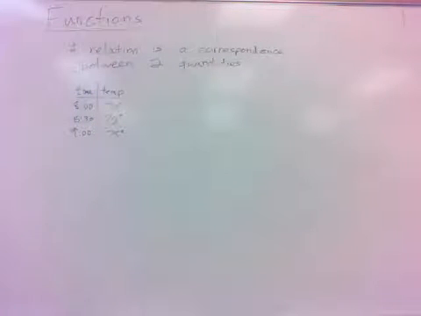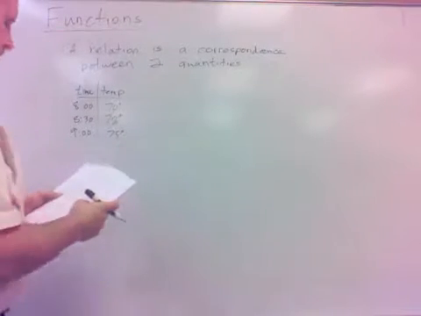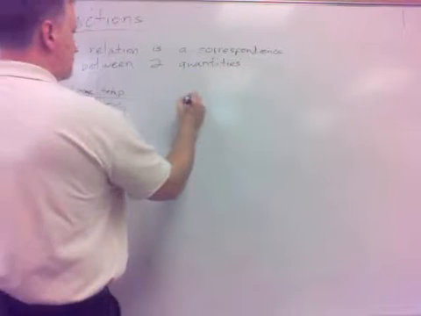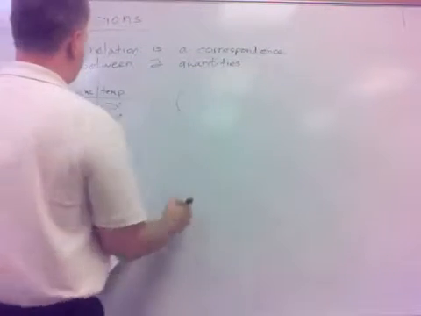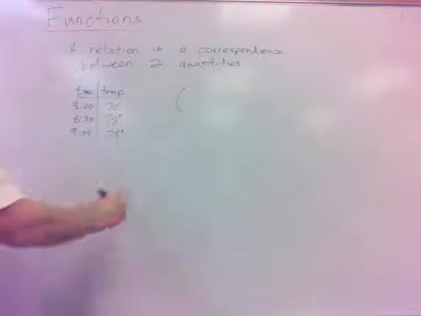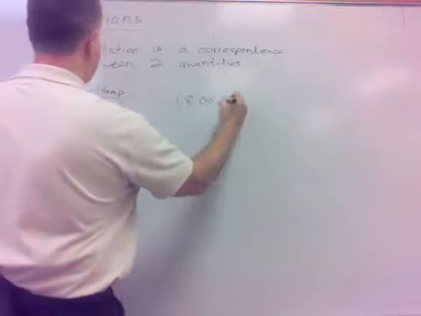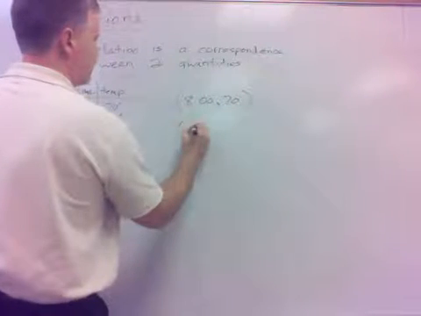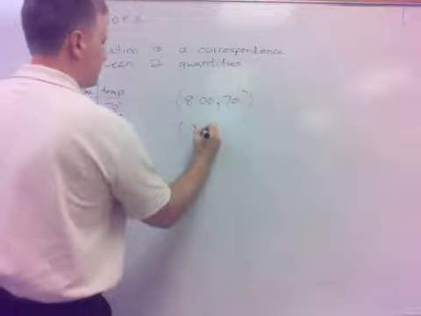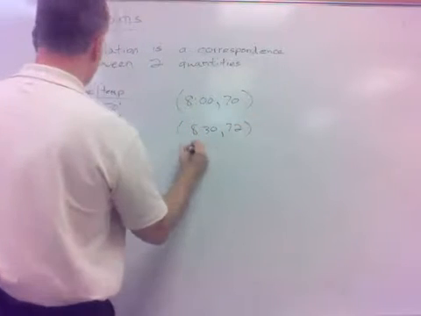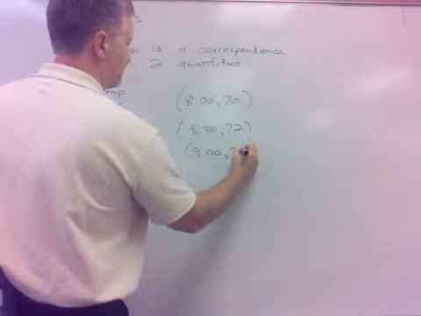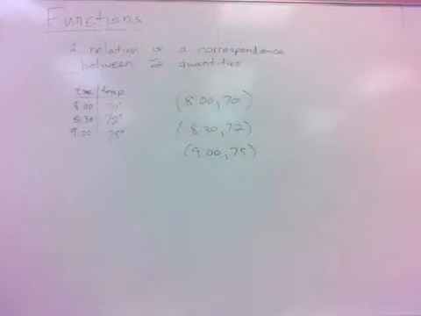So that's just an example of relation, and you can list it out by a table like that. Or we can also do an ordered pair thing: 8 with 70, 8:30 with 72, 9 with 75. Same thing, just as an ordered pair table.